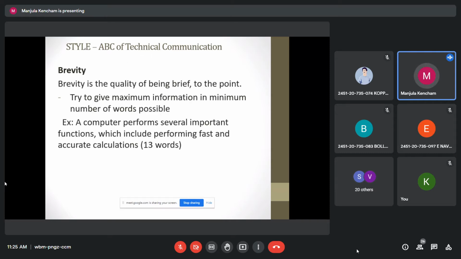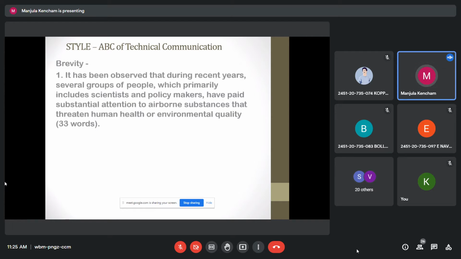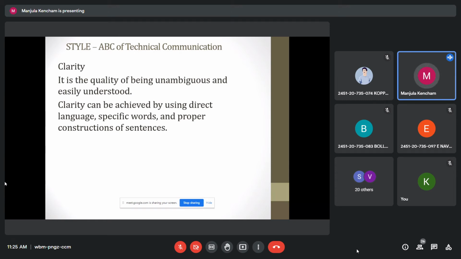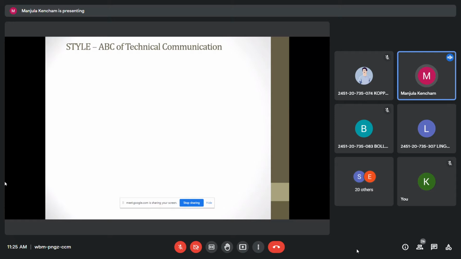Brevity is being brief. How can you make some revision to make something very, very brief, but at the same time not sacrifice the content of the message? Then clarity is being straightforward in using words in conveying messages.